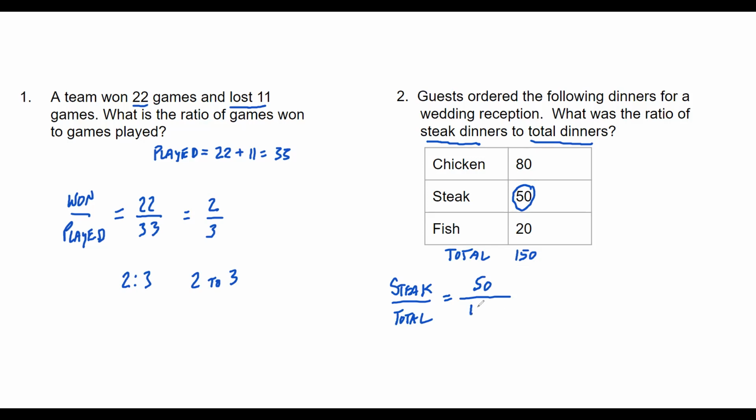So 150 goes on the bottom. And then we remember to reduce this with our calculator. And that gives us the fraction 1 over 3. So we could also say 1 colon 3 or 1 to 3.